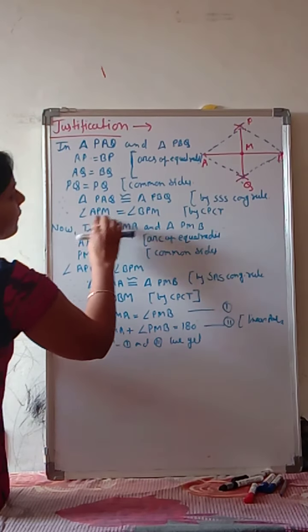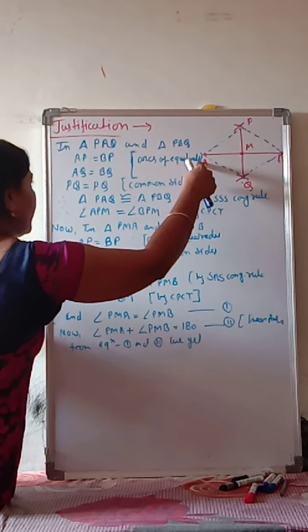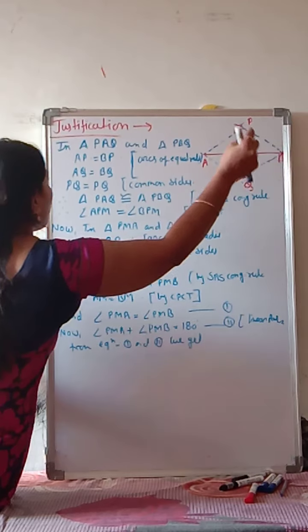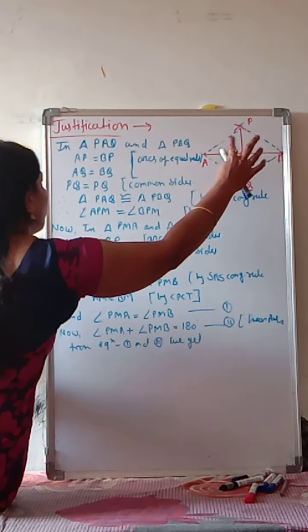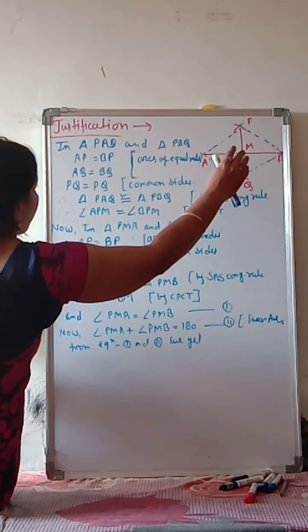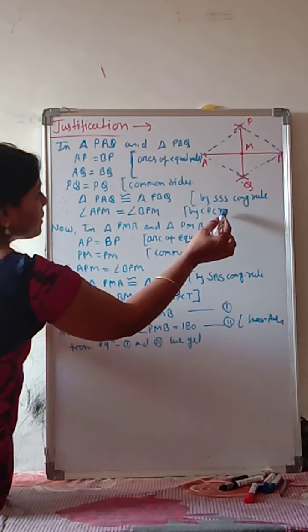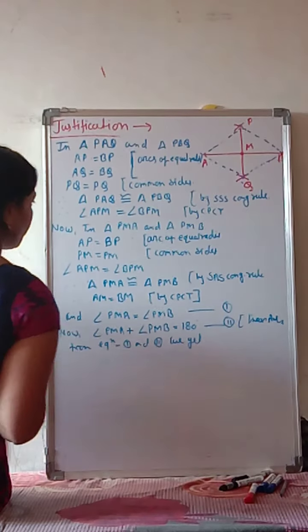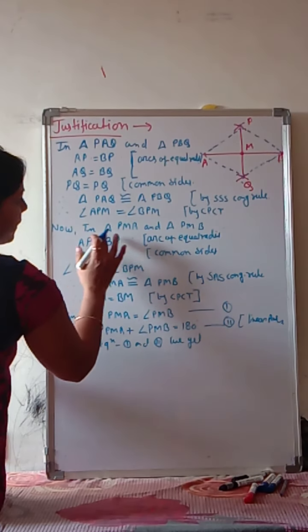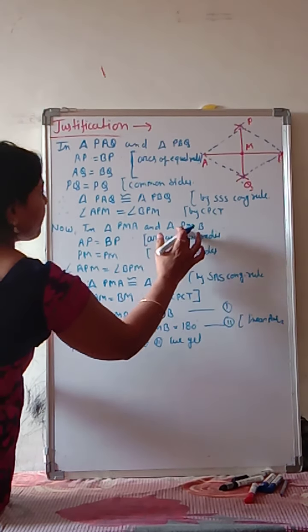So therefore angle APM equals angle BPM. Both angles are equal by the corresponding parts of congruent triangles.